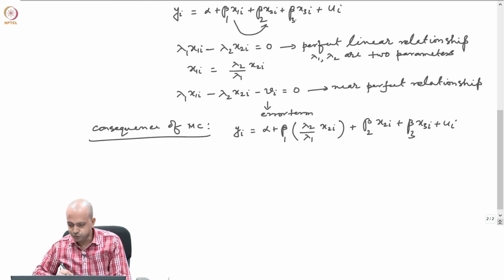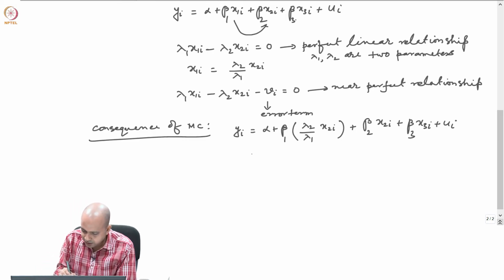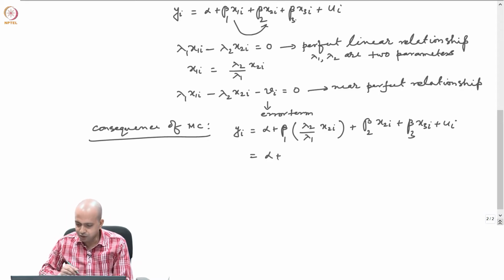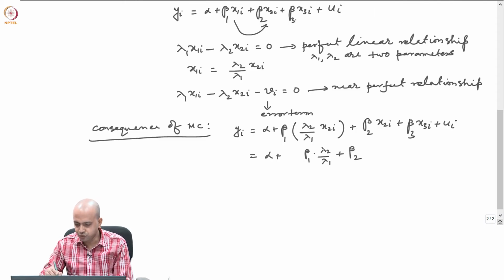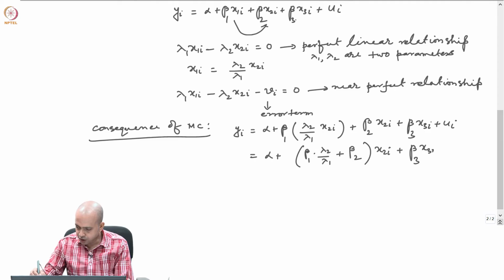This again I can write as alpha plus beta 1 into lambda 2 by lambda 1 plus beta 2, taking x2i common, plus beta 3 x3i plus ui.